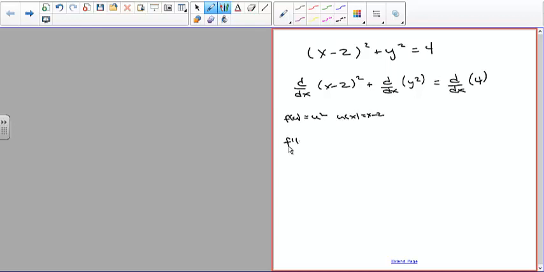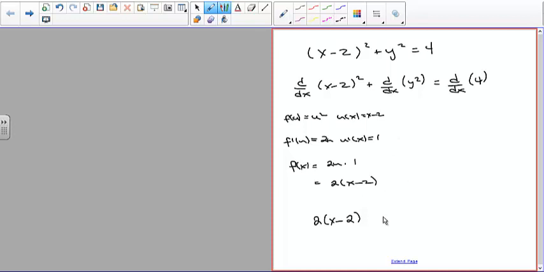So f'(u) = 2u and u'(x) = 1, because the derivative of negative 2 is 0, and the derivative of x is 1. So f'(x) is going to be 2u times 1, which is 2 times (x − 2). Okay, so that's the derivative of this part. So we get 2(x − 2) to the first power.